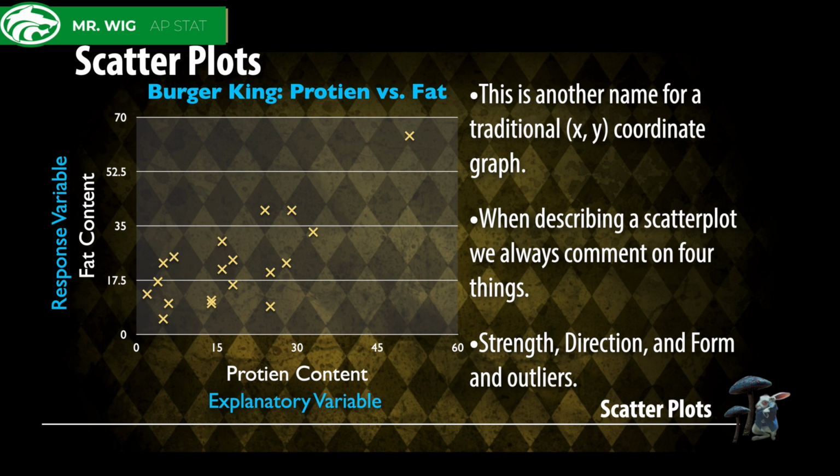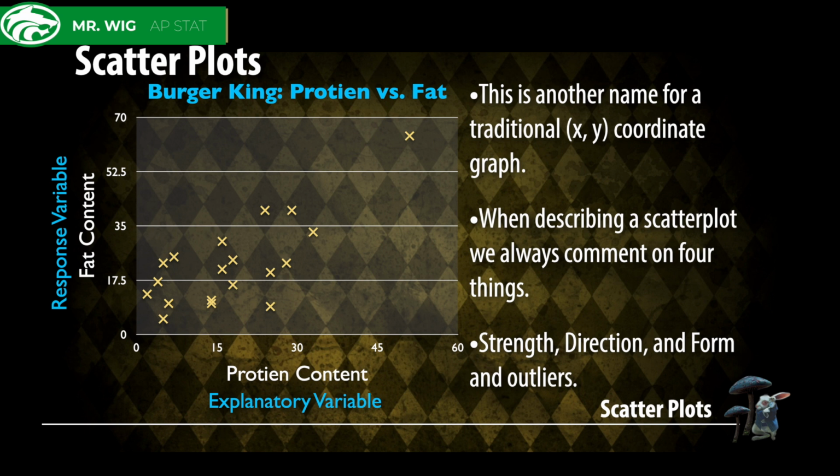We are going to learn how to do this in the calculator and allow the number we get out, which is called the correlation coefficient, or R, to tell me how strong something is. The sign of R also tells me the direction. So when I do this in the calculator, I'm going to get that value and be able to talk about how strong it is. Now, looking at this particular graph, I can see that it is definitely a fairly strong relationship.